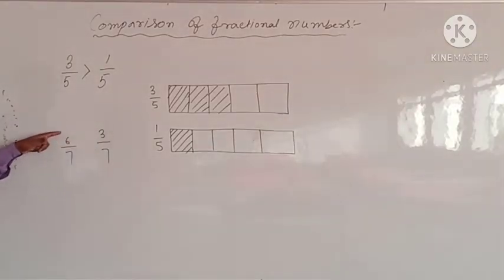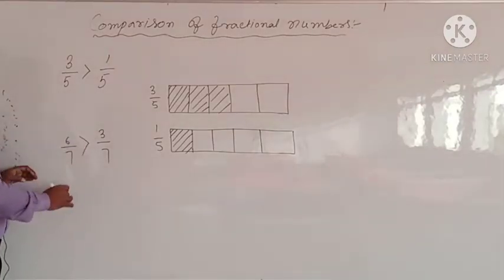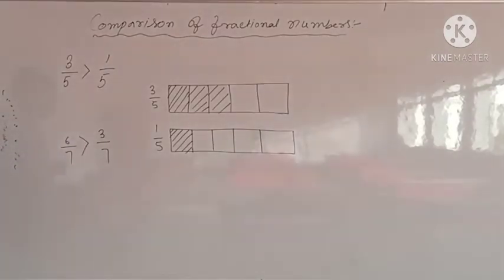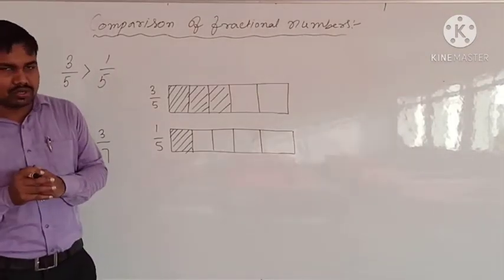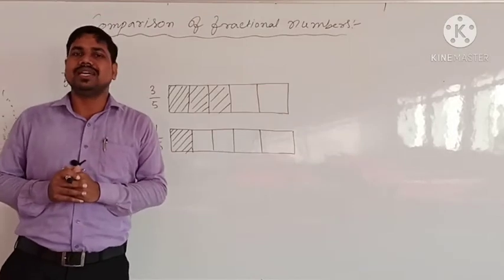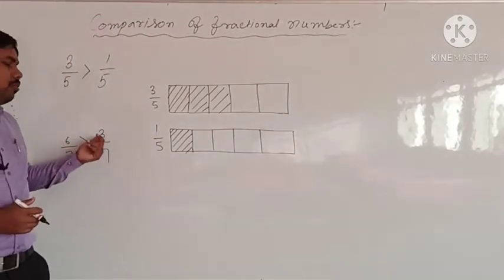Whichever numerator is greater, that number will be the greater one. So here 6/7 will be greater. In this way, in case of like fractions, it is very easy to understand which number is greater just by checking the numerator.